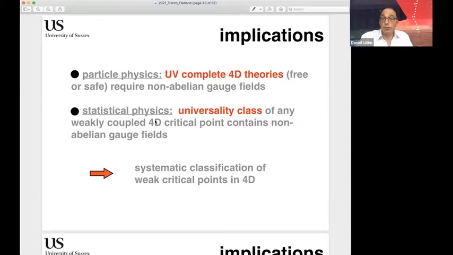And in particular, at weak coupling, we now have very clearly identified that non-abelian gauge fields are a crucial part for this to happen. Now this can open a door for a systematic classification of weak critical points in 4D, maybe in a manner similar to what had been done in the past in lower dimensional statistical physics settings.